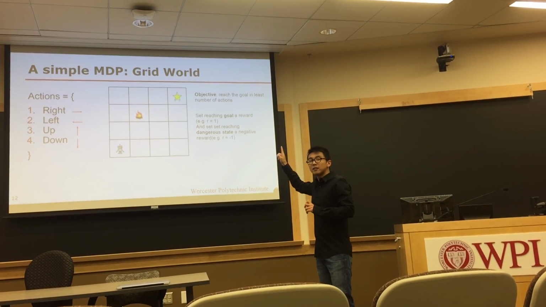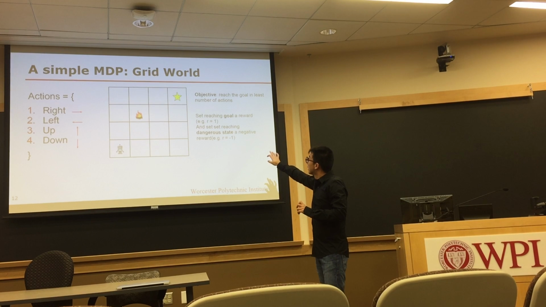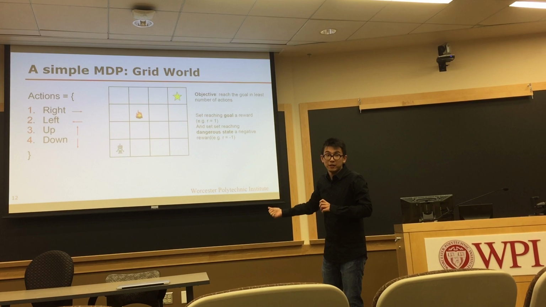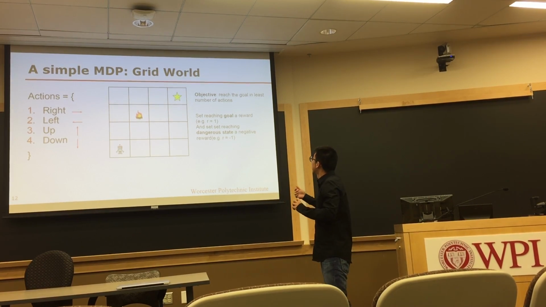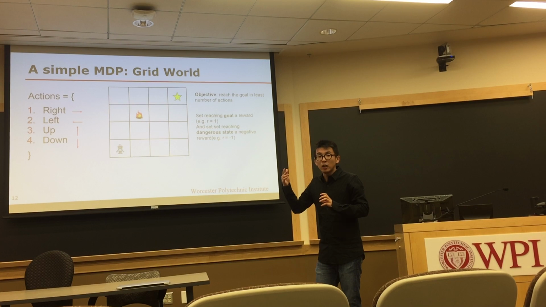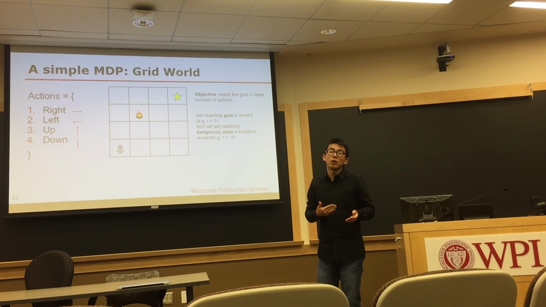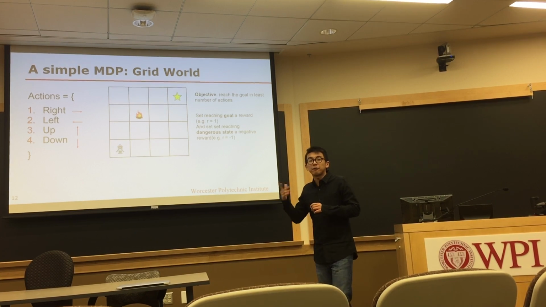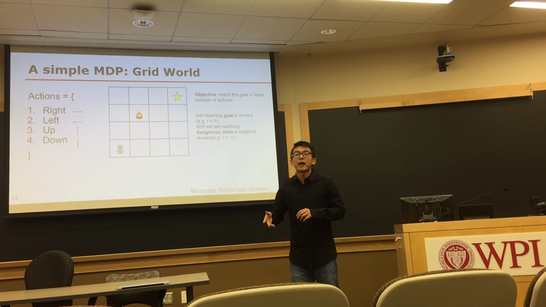What we are trying to do here is to set the reward: if we set the goal as 1, and if the robot reaches the fire, it gives a negative reward.